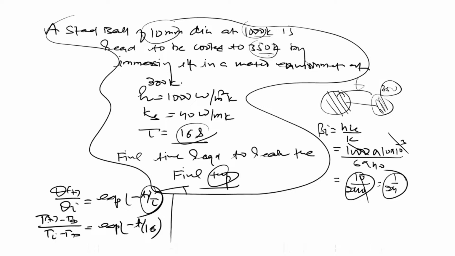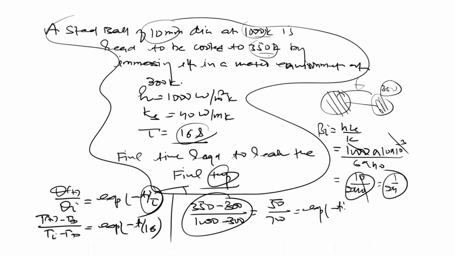The temperature at time t has to be 350 Kelvin, surrounding temperature is 300, initial temperature is 1000. So 350 minus 300 upon 1000 minus 300 is 50 upon 700, equal to exponential of minus t upon 16.